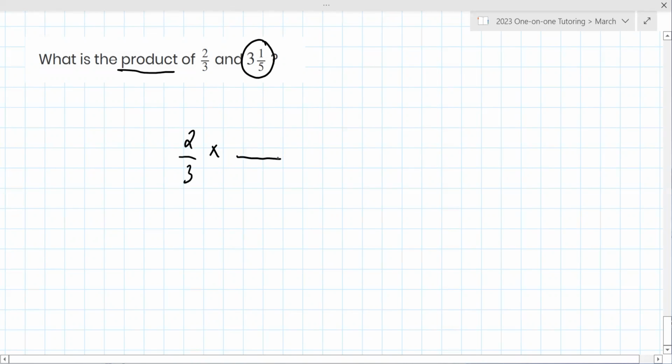Okay, got it. What is your improper fraction? 16/5. Good. Now you have to multiply the tops and the bottoms. 2 times 16, 3 times 5. So go ahead and do that for us, please.